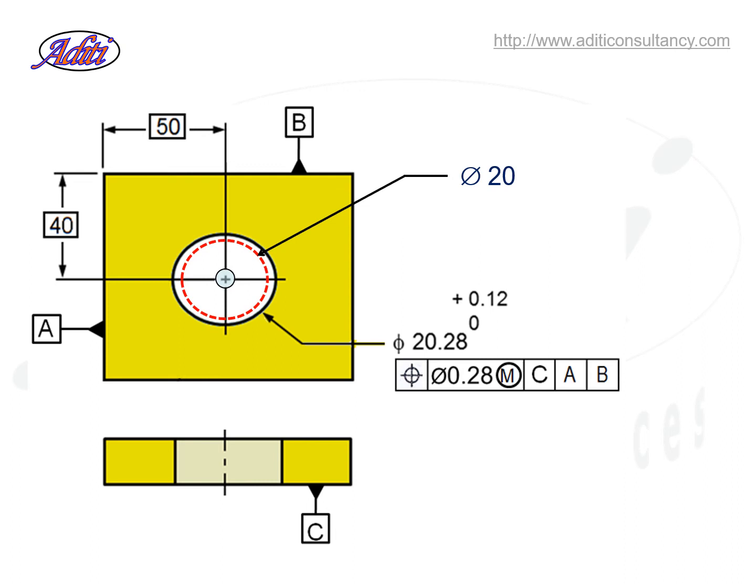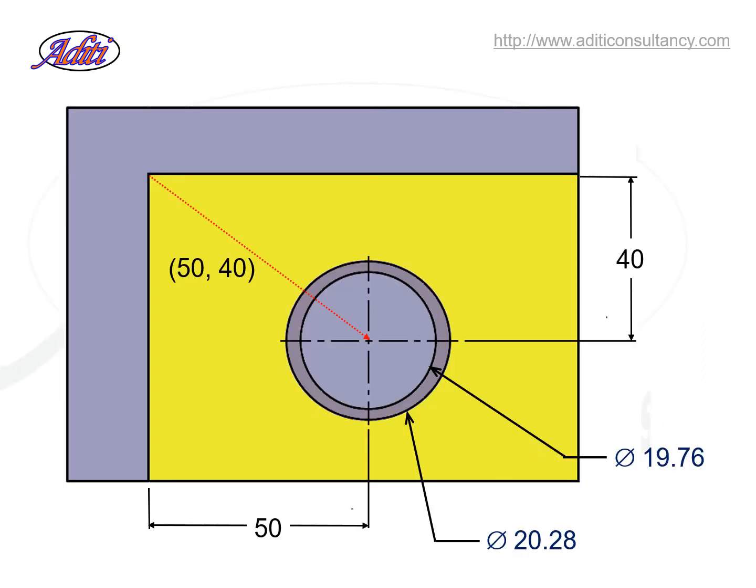With all the deviations possible for the hole feature, this boundary will prevent any surface element of the hole coming inside the boundary.